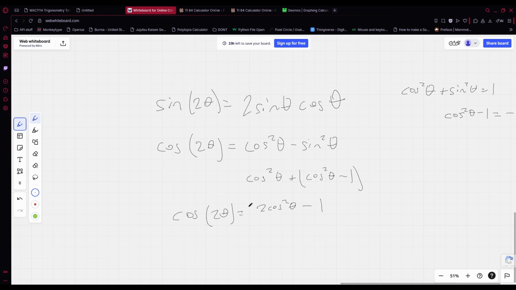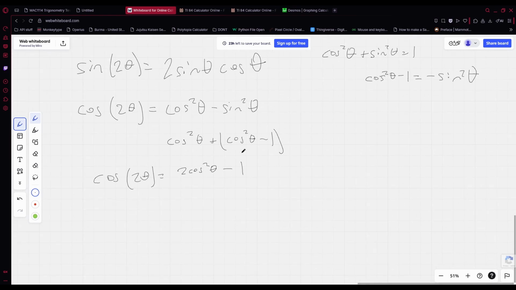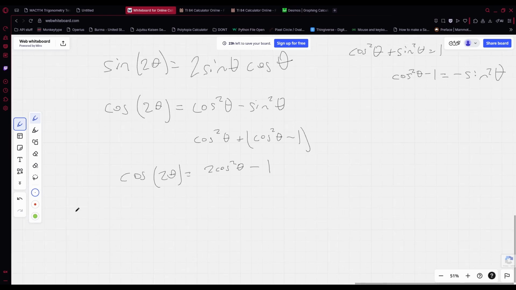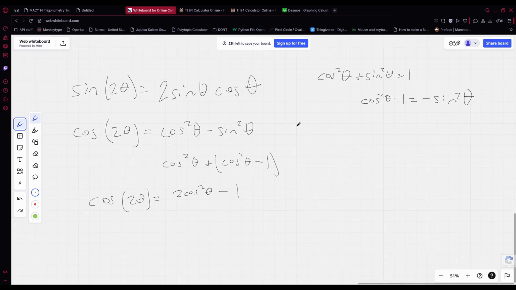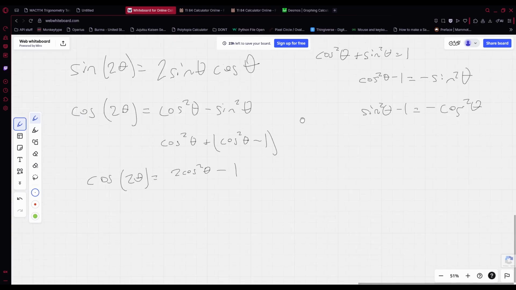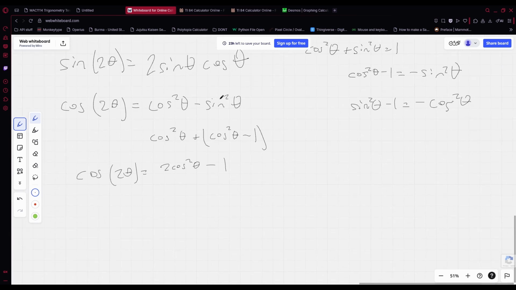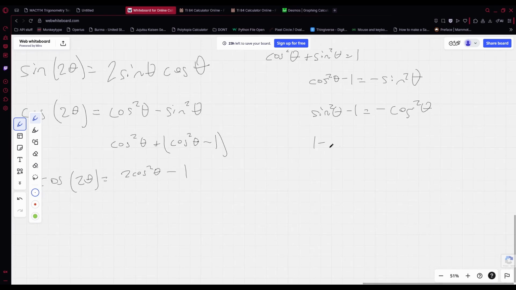And there's yet another one. And keep in mind, these may seem useless, but they will be important later, and they will save you a lot of memorization. Because you can just derive a lot of things from them. So we could alternatively convert the cosine to something else. So we could say sine squared theta minus 1 equals negative cosine squared theta. Oh, actually you can't do that because this is negative and that's positive. So we just need to flip the negative on both sides, so 1 minus sine squared theta equals cosine squared theta.